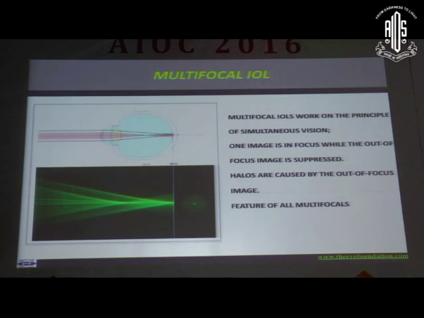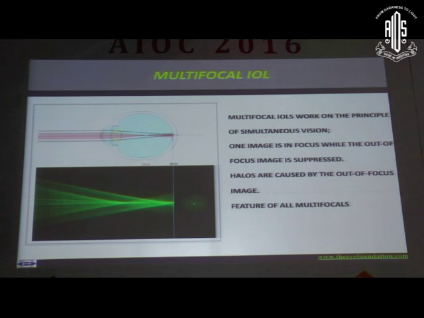What is exactly the reason? It might have been already discussed here, in the sense that when you're using a monofocal intraocular lens, there is a precise focus of light from a specific distance. But when you're having a multifocal implant, we are talking about a diffractive multifocal, which is essentially a bifocal. Rays of light are essentially coming into focus from a distance and from near. It's essentially the direction of the gaze and the object of regard which determines what is in focus and what is not.